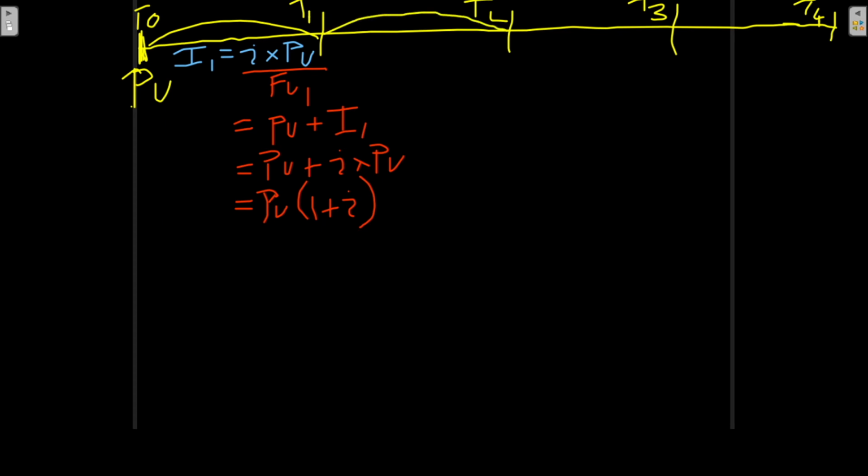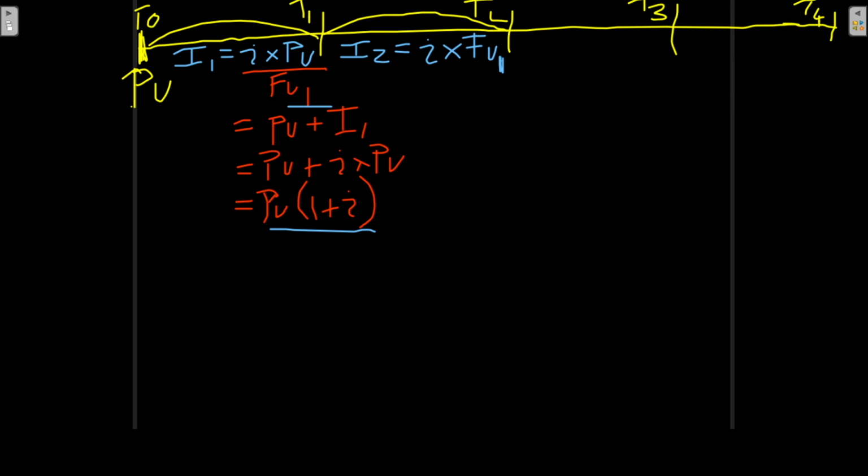Okay, then in the next time period we will earn interest. We will call that interest 2. And that interest 2 is just the interest rate times the capital at the start of that time period, which we can just call the future value 1.